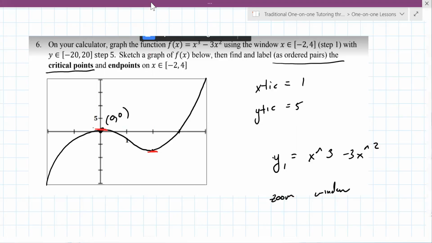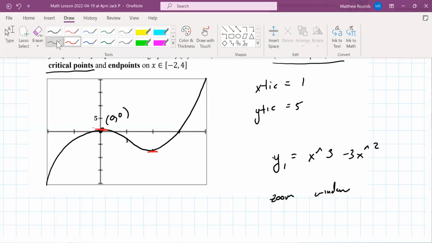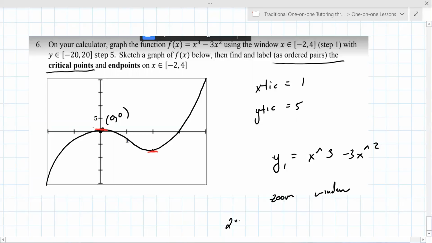Now, if you're really clever with your calculator, you can use the second calc min/max to find it. When you're doing it on the calculator, you have to choose the left bound, the right bound, and then a guess.